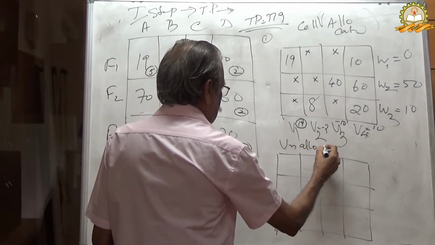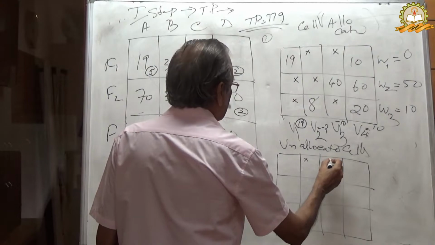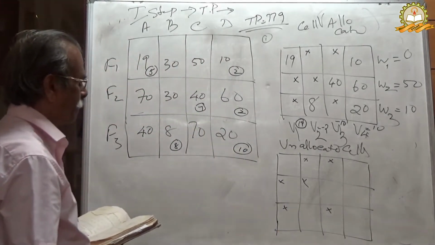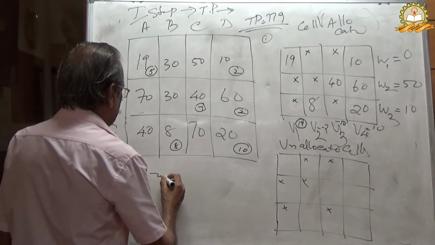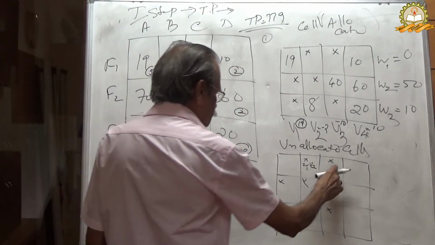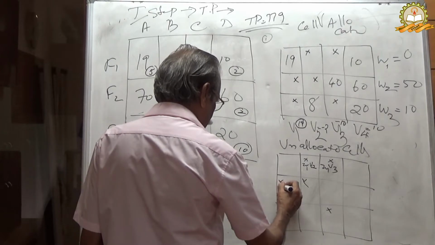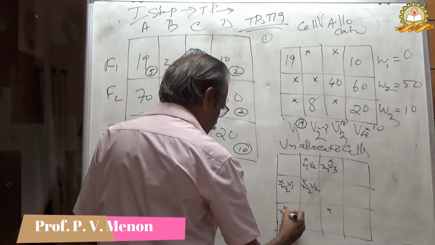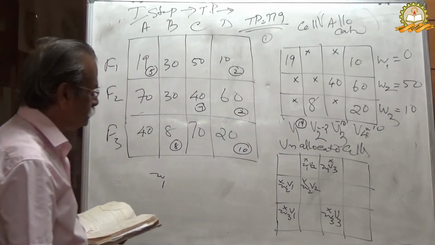You require these cells: U1V2, U1V3, U2V1, U2V2, U3V1, U3V3.